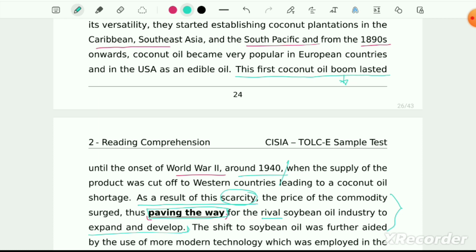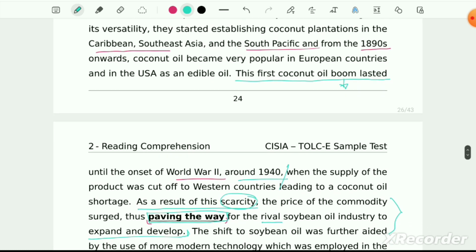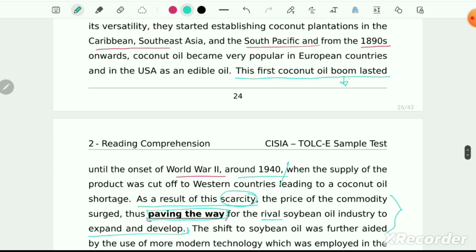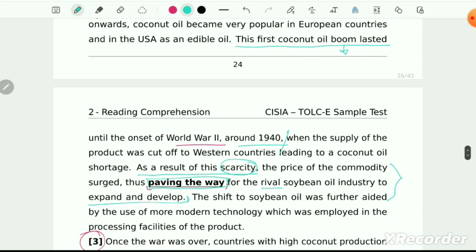Okay. So this coconut oil boom lasted until the onset of World War II. That means until 1940, people worldwide used coconut oil. But what happened next? The supply of the products was cut off to Western countries, leading to a coconut oil shortage. So because of this war, the supply or transportation of coconut oil to Western countries like Europe or America was cut.